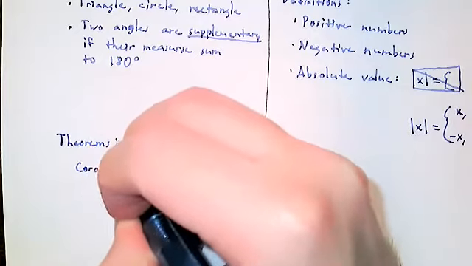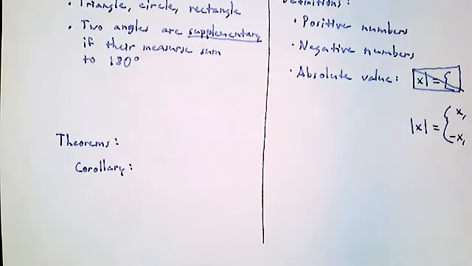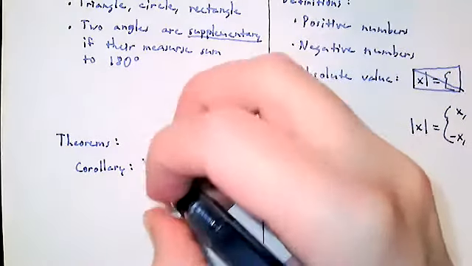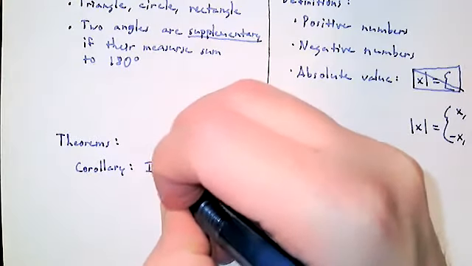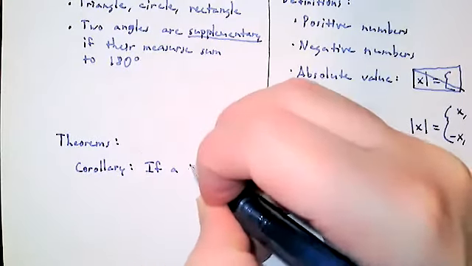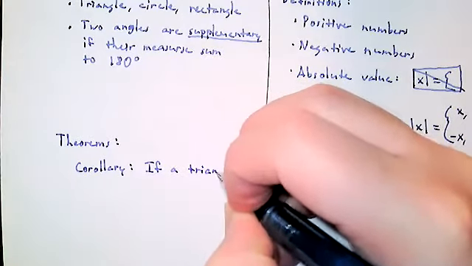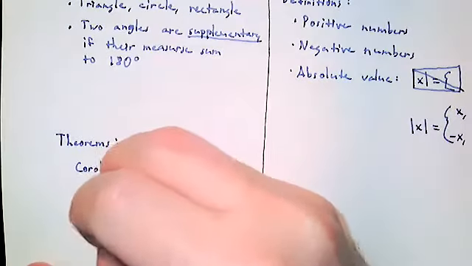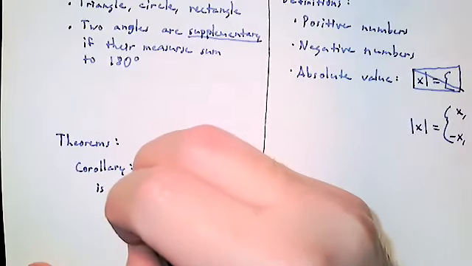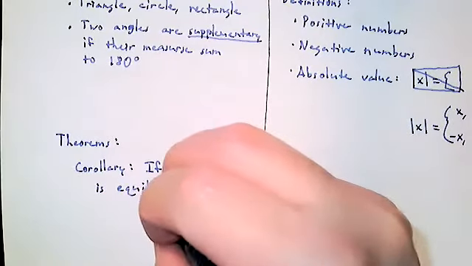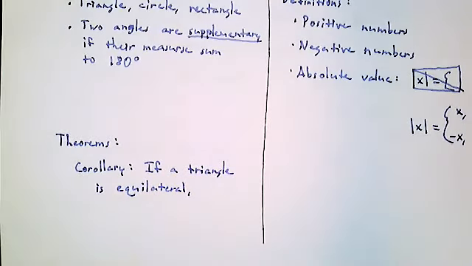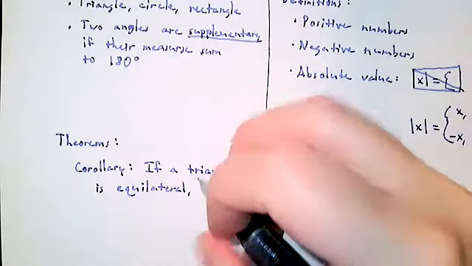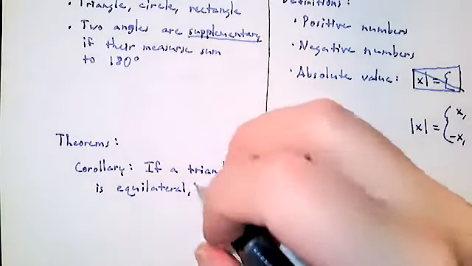And this one is easily proven if we know the theorem that we learned on the first page. Well, you probably already knew it. It says if a triangle is equilateral, meaning all of its sides are equal, then the triangle is also equiangular, meaning all of its angles are the same.